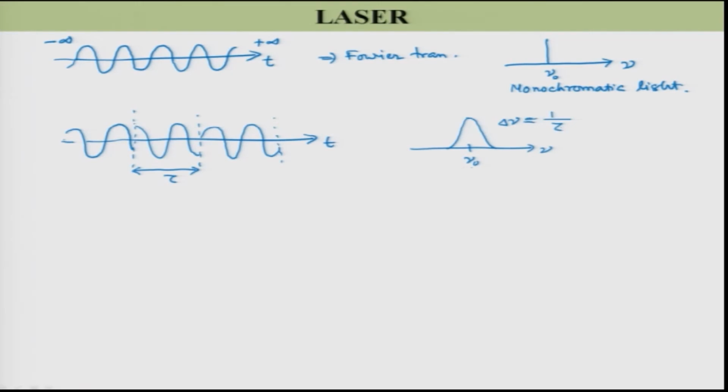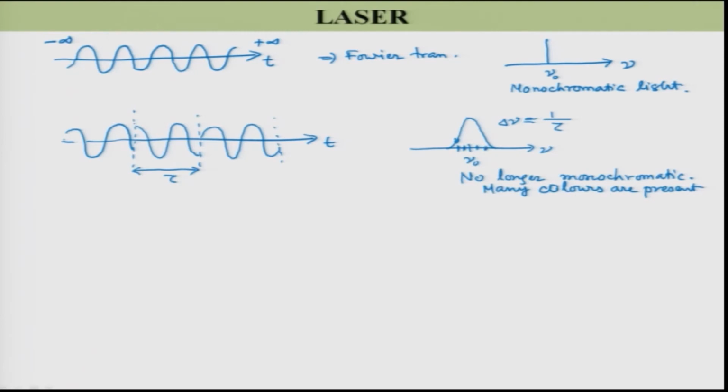That means it is no longer monochromatic. I have different colors over here, many colors are present. Here this means one color, this means another color, this means another color.